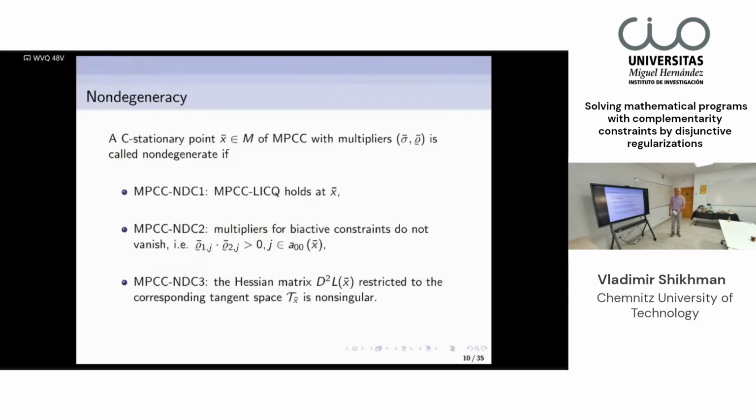And then you can define non-degeneracy, which Jan also mentioned, which says that the critical point, the C-stationary point, is non-degenerate. Why do we need it? In the smooth case, we also need it in the unconstrained case to provide the theory, because if you have flat saddle points, you cannot say much.